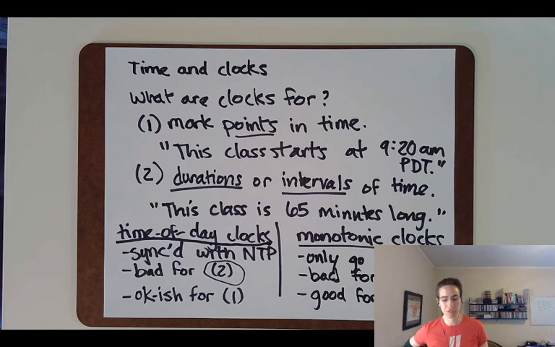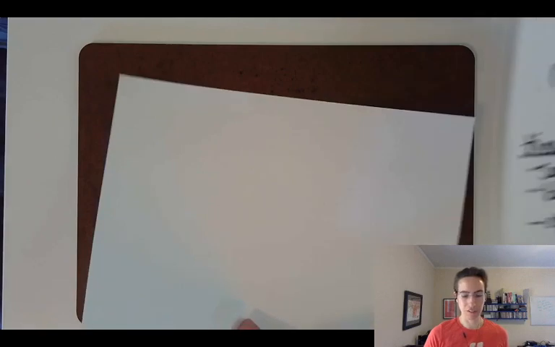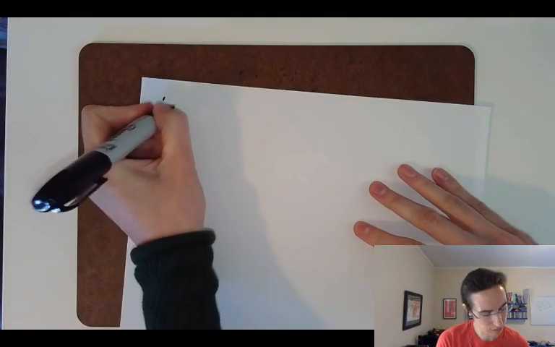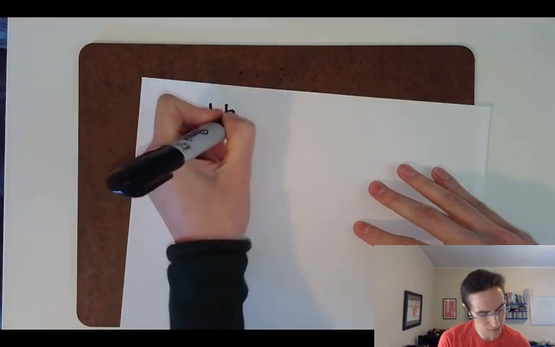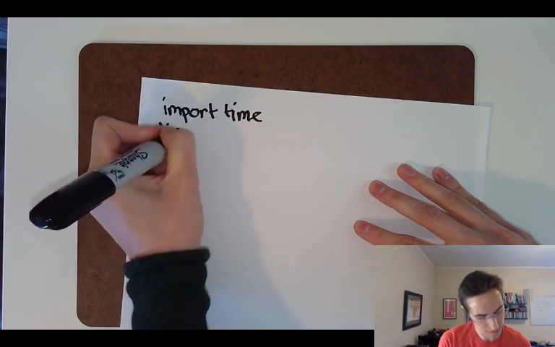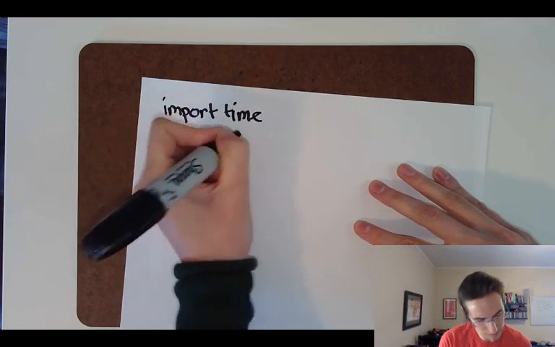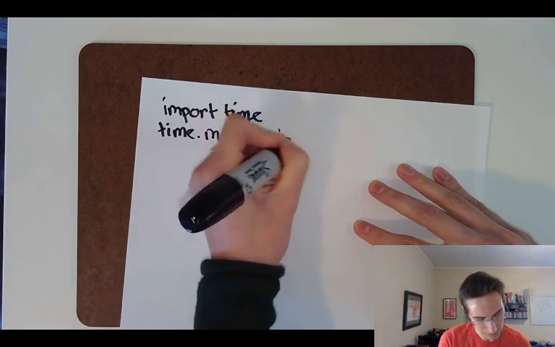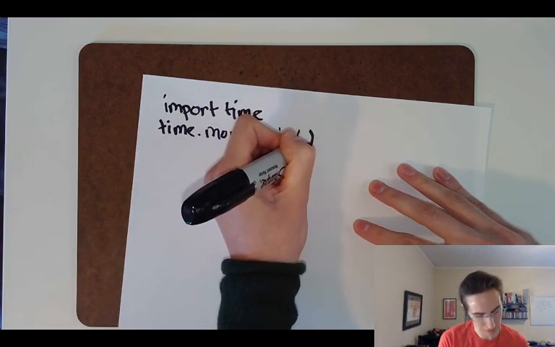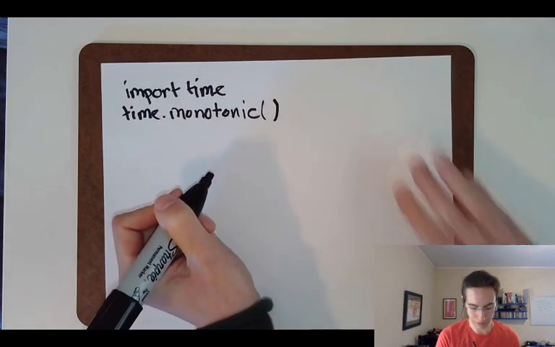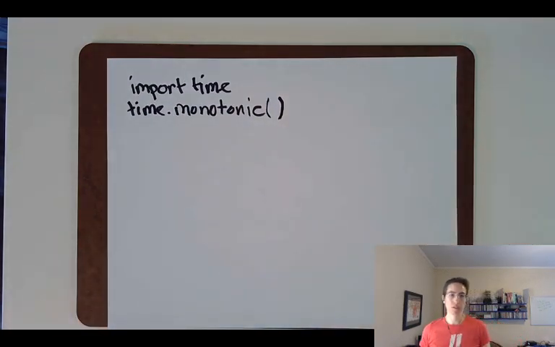You can actually do this experiment yourself in Python: import time, and then call time.monotonic. You can check and see what your monotonic clock on your machine says. I think it's just the number of milliseconds since your machine's been running.